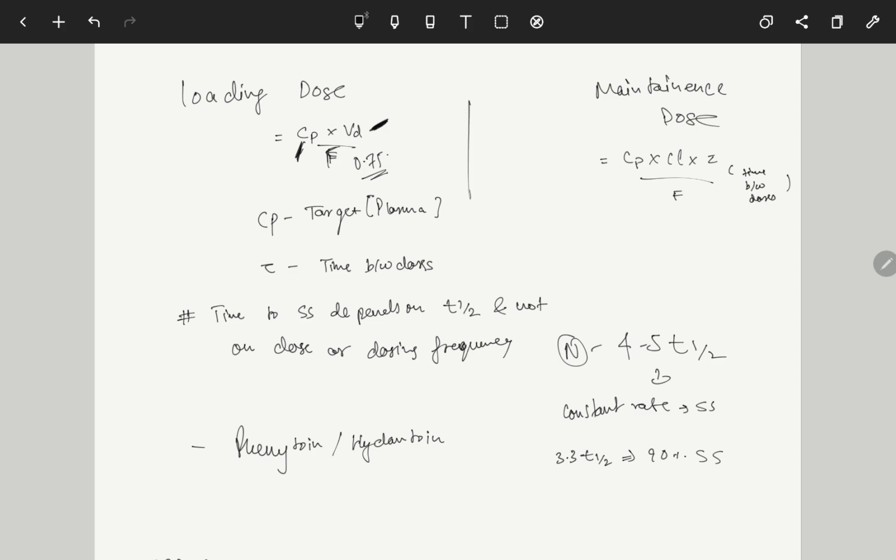And for maintenance dose, basically you have to consider clearance and time between doses. Maintenance dose is target plasma concentration into clearance into tau, which is the time or frequency between doses, upon bioavailability.